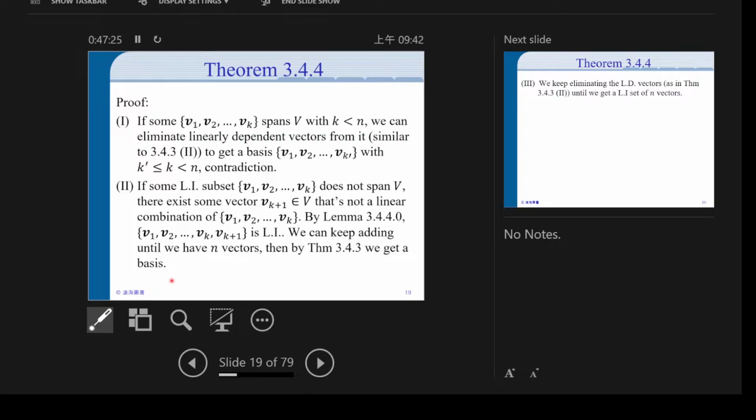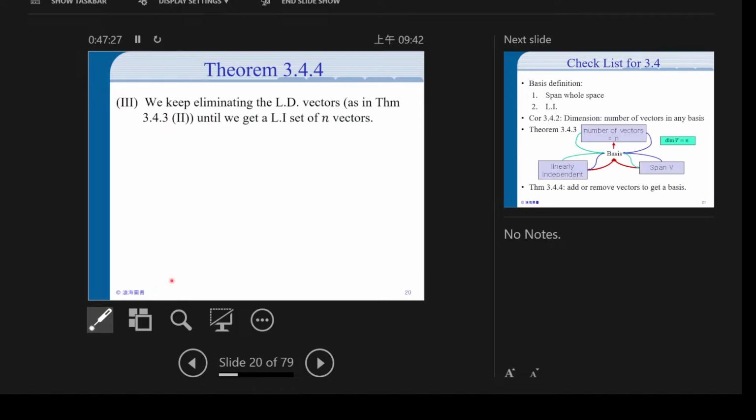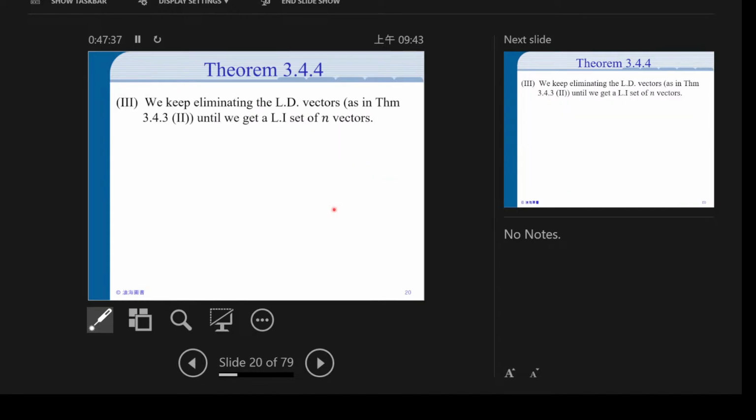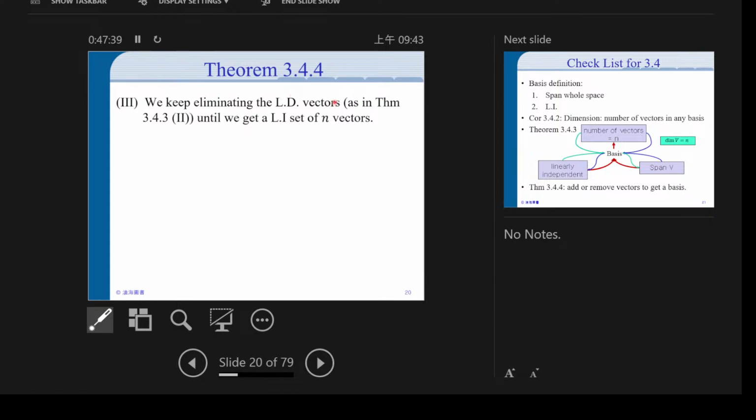And finally, the third one is similar to the first one. So we have a set of more than n vectors that span your vector space, and we can keep eliminating vectors without changing our span until we have n vectors, then we will have a basis. So if you have n vectors and they span our vector space, then we have a basis.